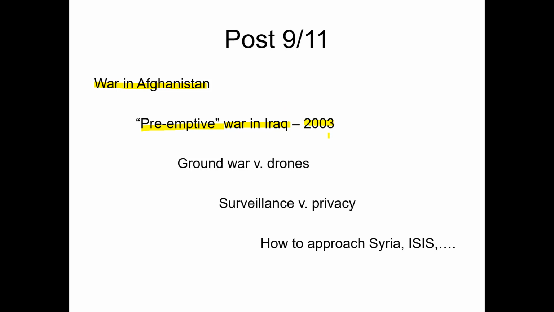A lot of the justification of that was based on the idea that Americans would be more acceptable to going in and invading Iraq because of the heightened fear of terrorism and perhaps a little bit better ability to sell that war in Iraq on the heels of 9/11. The ground war in both of these areas, both Afghanistan and Iraq, turned out to be very expensive, with a lot more casualties than expected.